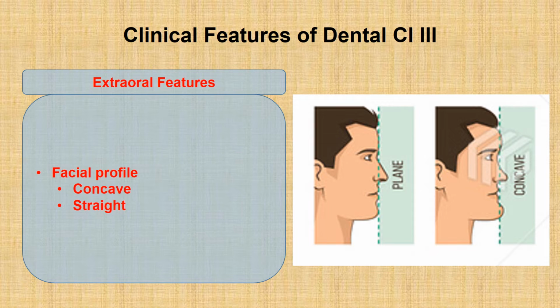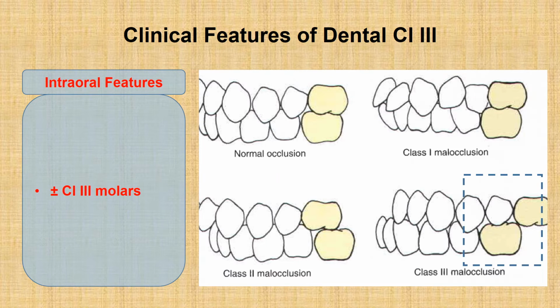Now, the dental class 3 extraoral features: the facial profile may be concave or straight. Now, the intraoral features of dental class 3 are we may get class 3 molar relationship.